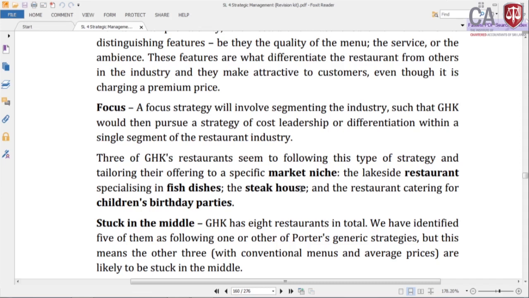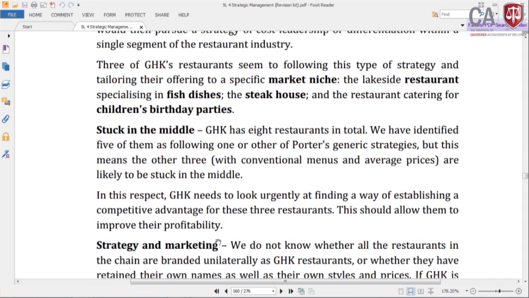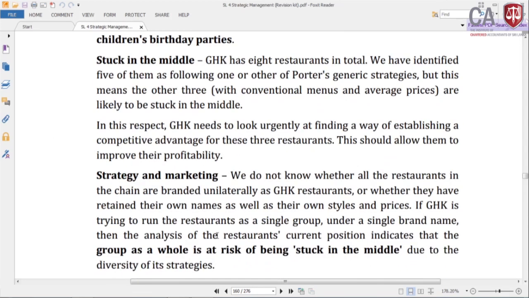Stuck in the middle. GHK has eight restaurants in total. We have identified five of them as following one or other of the generic strategies, but this means the other three are likely to be stuck in the middle. Yes, three have been mentioned as being in the middle of the road.